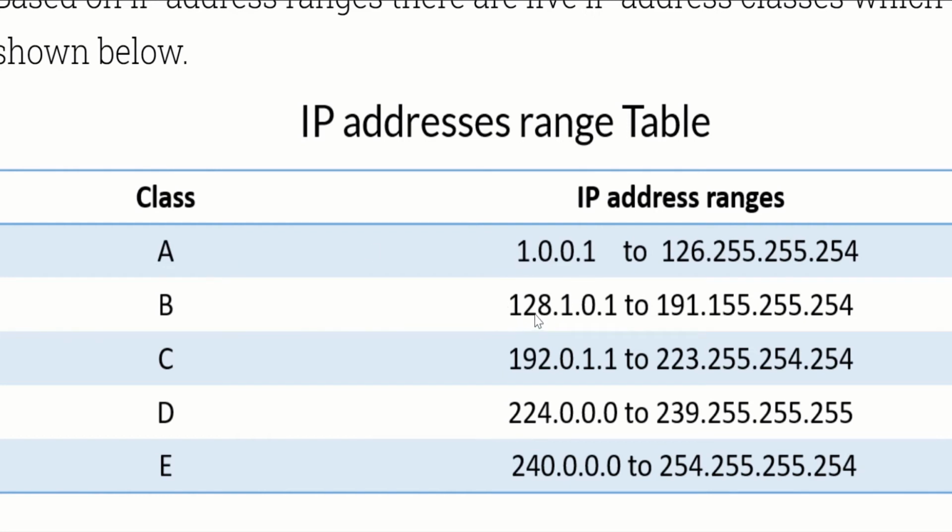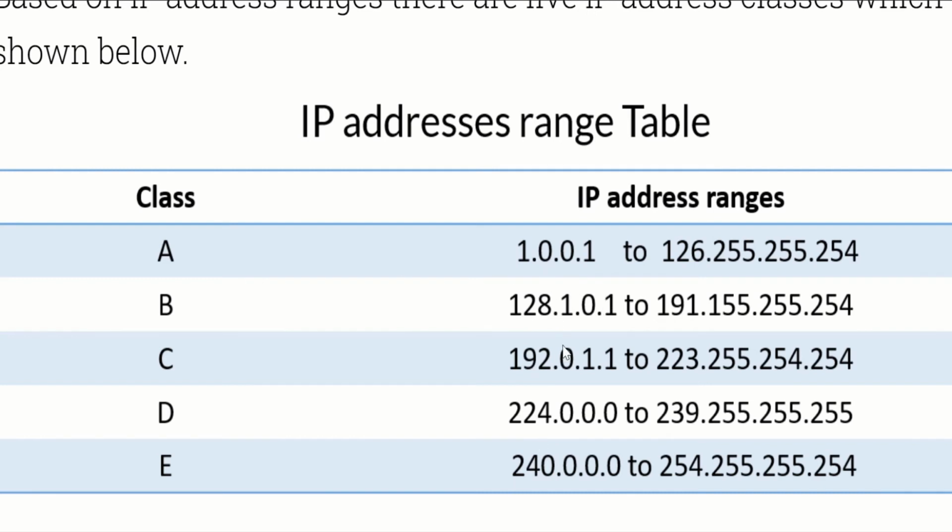Here is the trick. From A to B it is 128. 128 divided by 2 is 64. If you add 128 plus 64, we get 192. Divide 64 by 2, you get 32. 192 plus 32 is 224. 32 divided by 2 is 16. 224 plus 16 is 240. This is one trick you can remember easily.